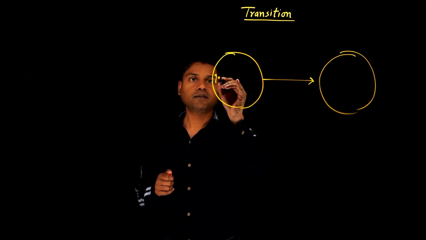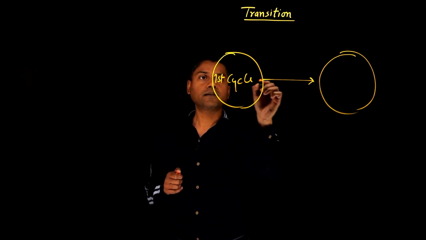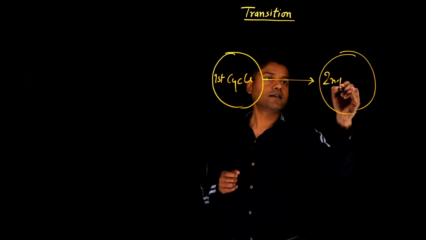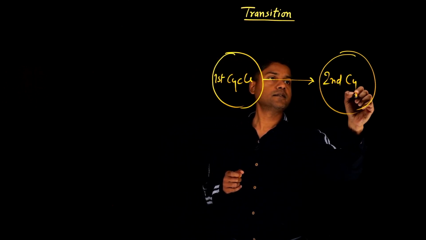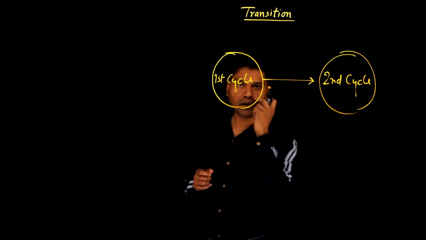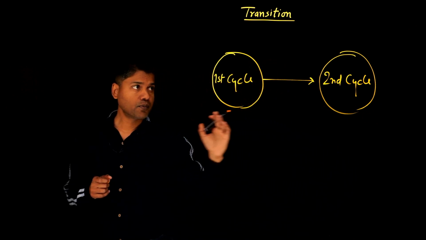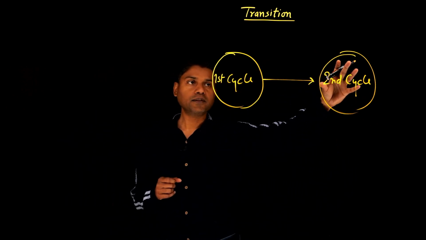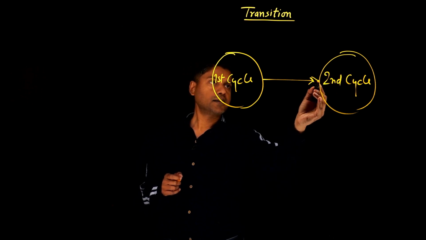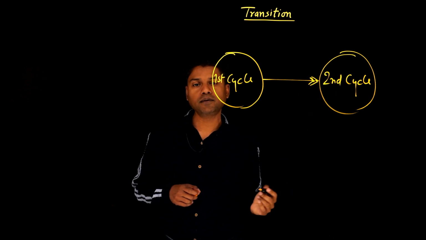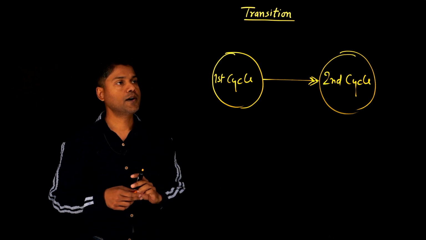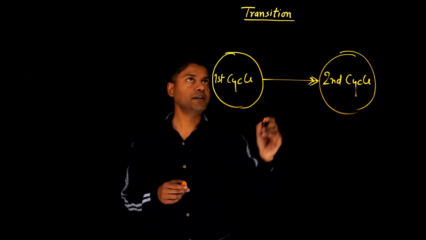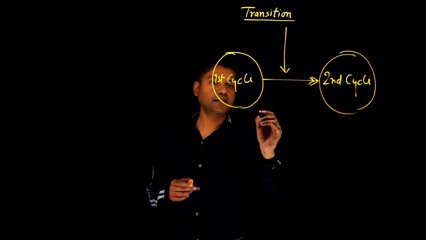So let's say first cycle coding methods and second cycle of coding methods. But before we start the second cycle of coding the data, there are certain things that I recommend you all to do.